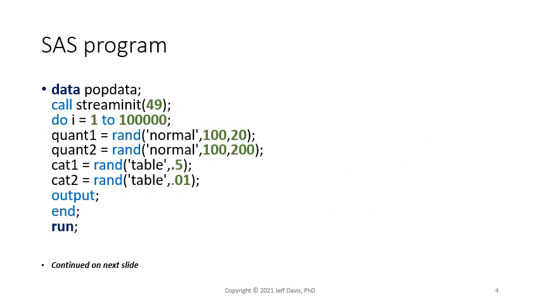So here's at least the first part of your SAS program that you're going to use for Lab 7. The first thing we need to do is create a population. Then we need to draw a sample, and then we need to get statistics for the population parameters for the four variables we have listed here.